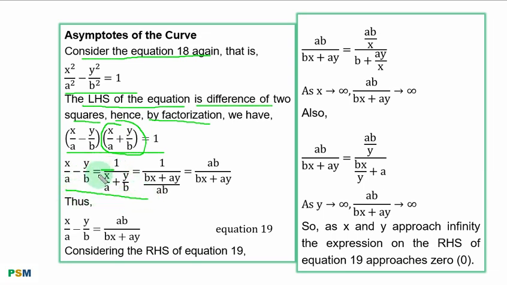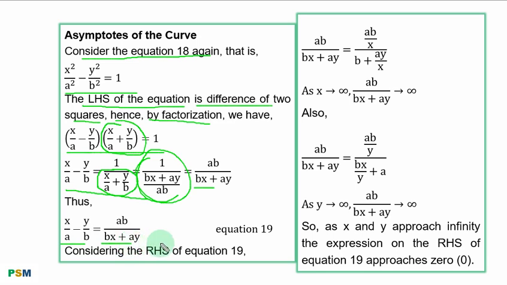If you simplify the term here, x over a plus y over b, you find the LCM, you have it in this form. When you divide, you have ab over bx plus ay. Thus, x over a minus y over b is equal to ab over bx plus ay.